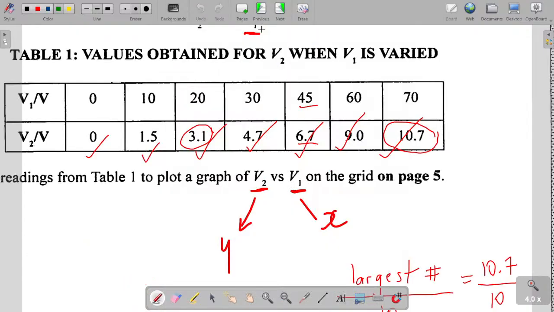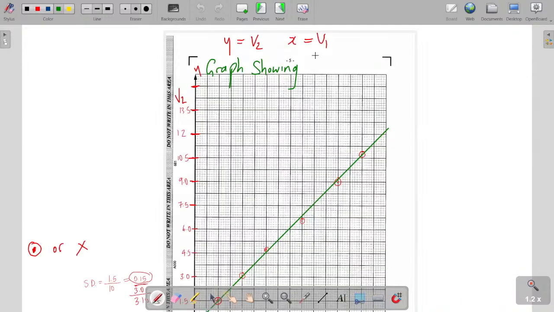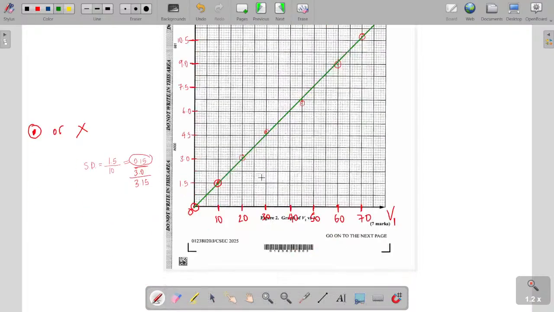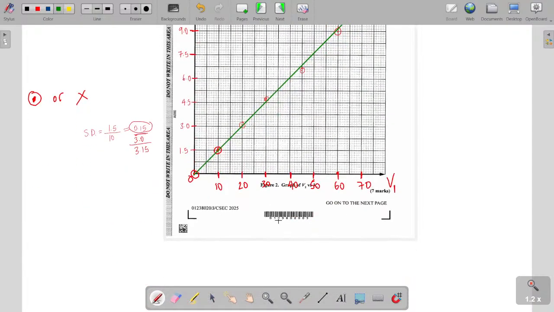And what is the graph showing? It's showing V2 versus V1. Right, and we're going to add our scale as well.